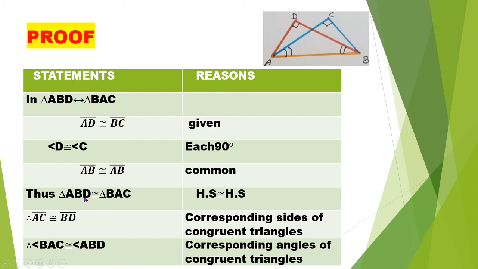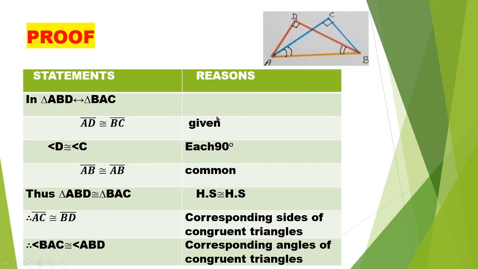Triangle ABD is congruent to the triangle BAC, HS is congruent to HS. As these two triangles are congruent, their corresponding sides and angles will also be congruent.